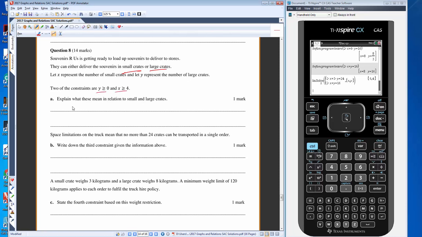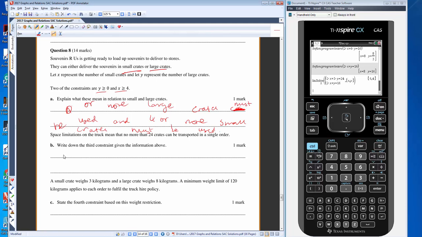And so what they mean, 0 or more large crates can be used, and 4 or more small crates must be used. And I'm just going to get rid of that word can and say the word must.